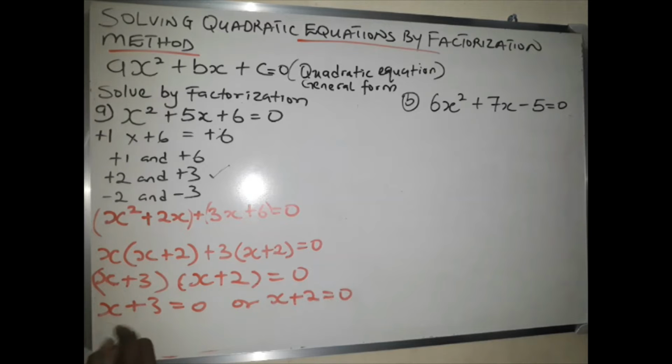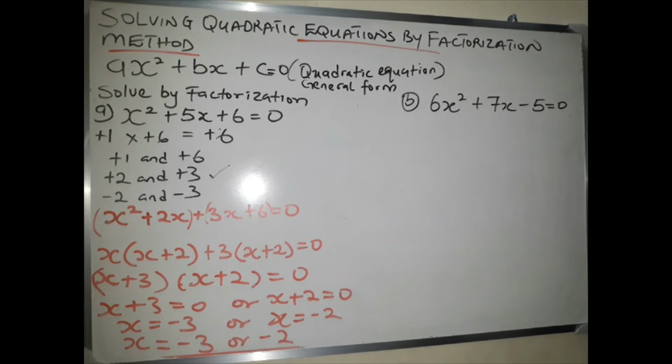Making x the subject here, you get x is equal to minus 3, and here you also have x is equal to minus 2. So you now have two values for x, which will be x is equal to minus 2 or x is equal to minus 3. And that will be your final answer.